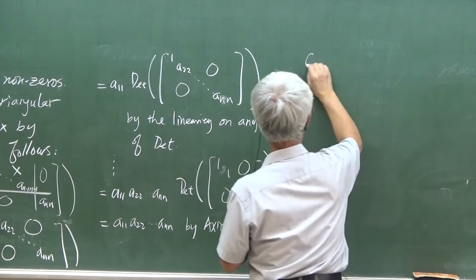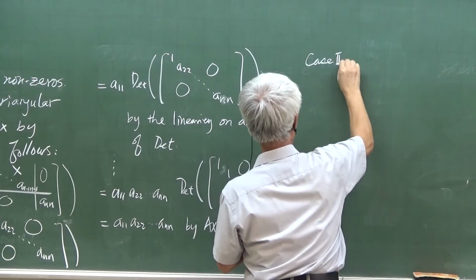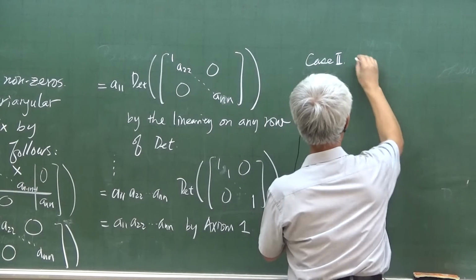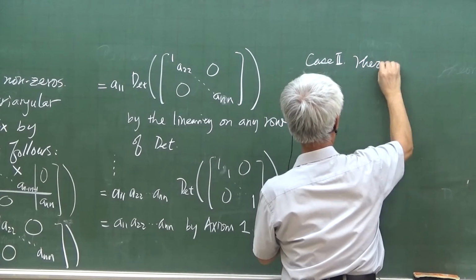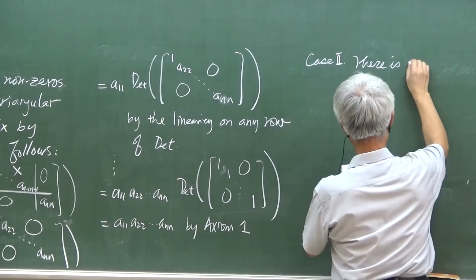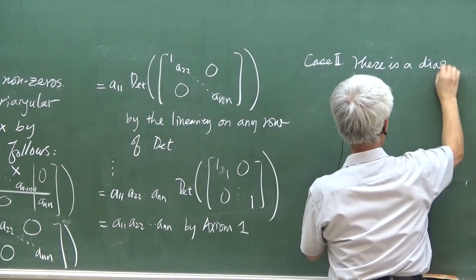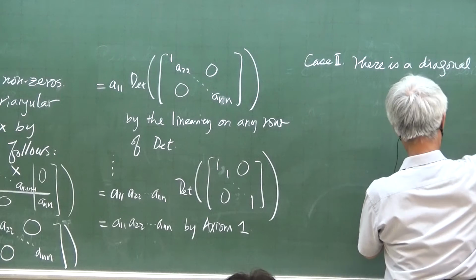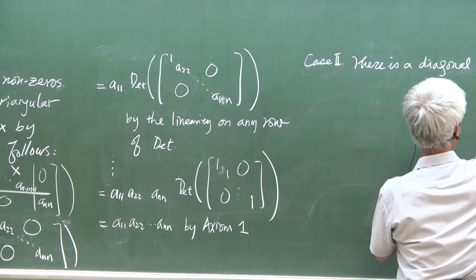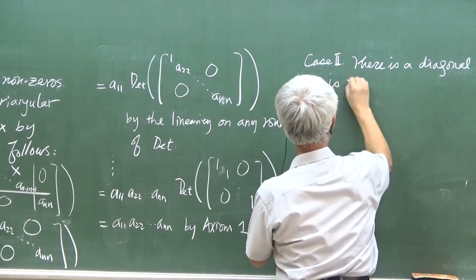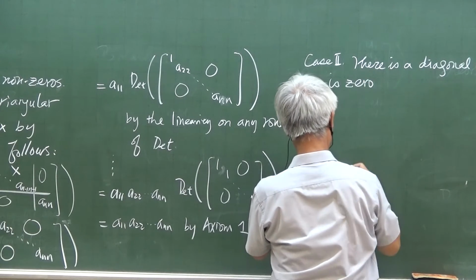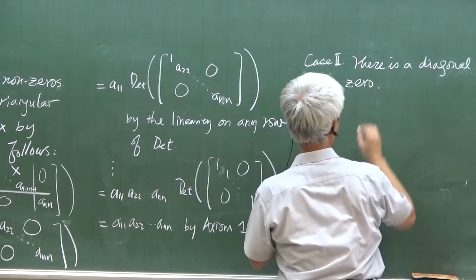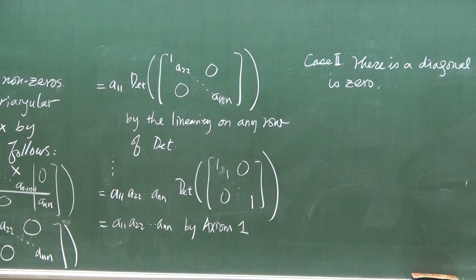Case number 2. There is a diagonal entry which is 0. So there is a diagonal entry which is 0.